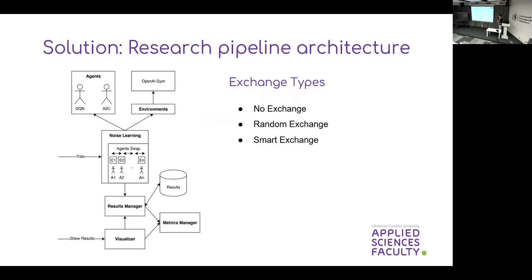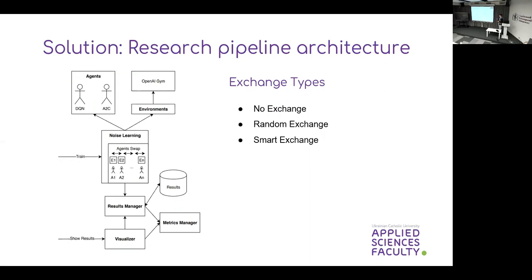To do this research, we've built a research pipeline. What you can see here is that the core component is the noise learning model. It is using the agents. Here for agents, we chose DQN and advantage actor critic agents.